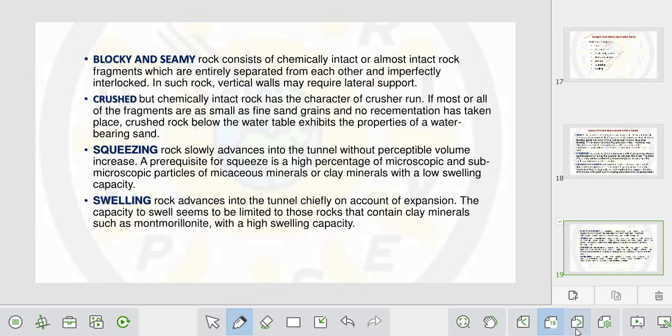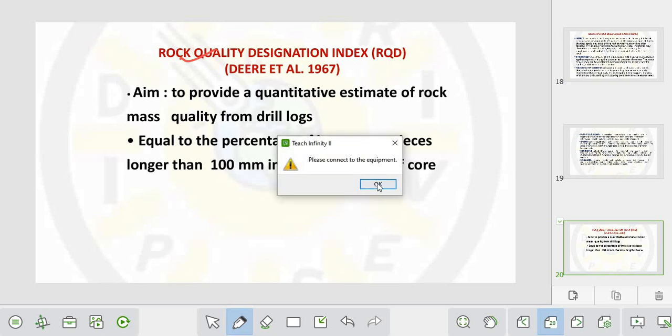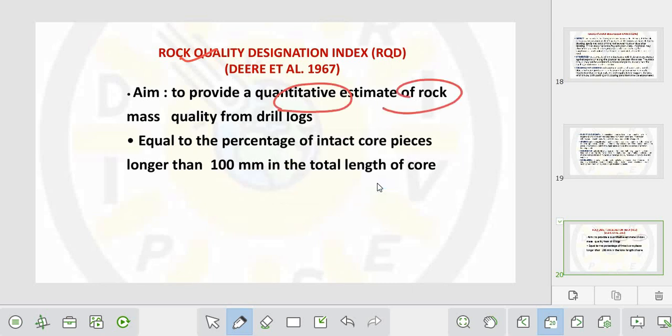There are a lot of properties we have to study for the understanding of the Terzaghi classification and different types of rock properties. There will be microscopic studies, some microscopic particles, for the understanding of all those types of lithology and the formation of the rock mass. Okay. So RQD by Deere aims to provide a quantitative estimate of the rock mass quality from the drill core.